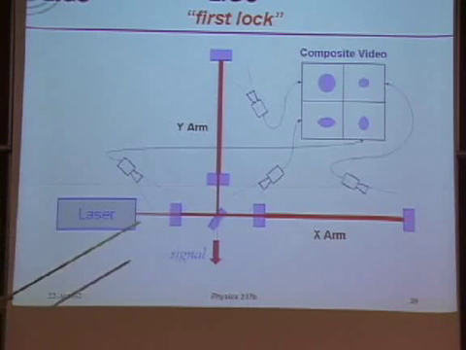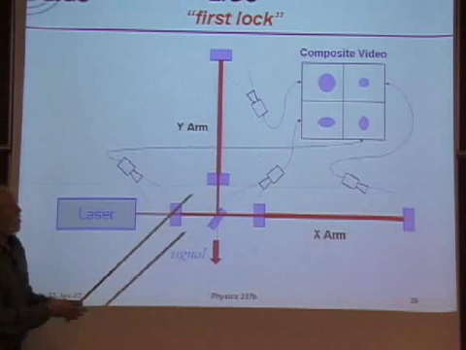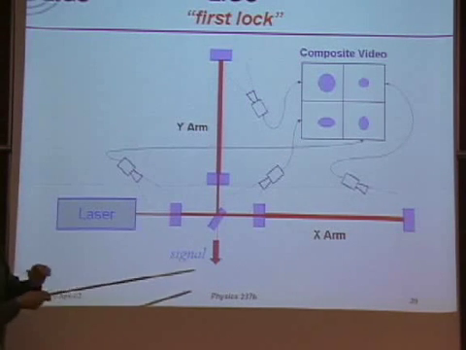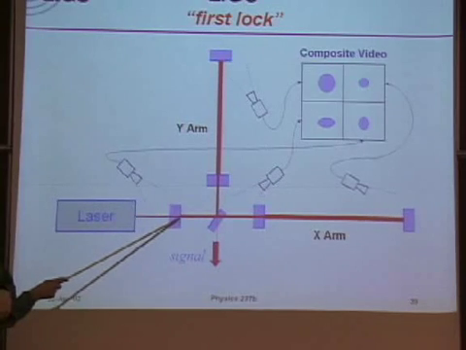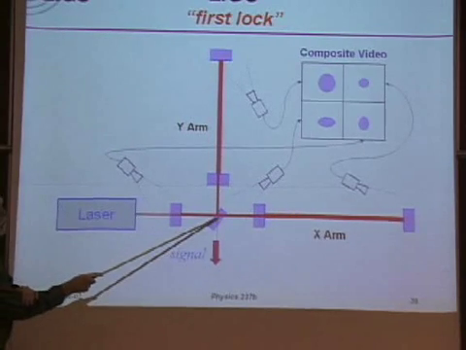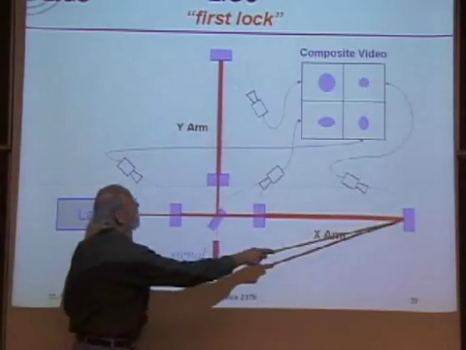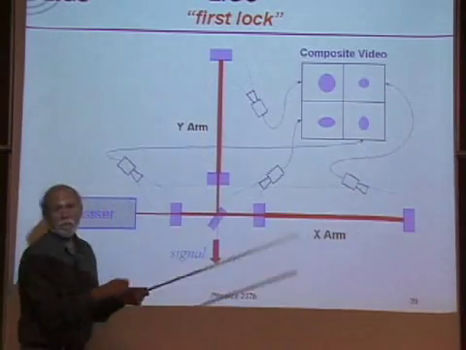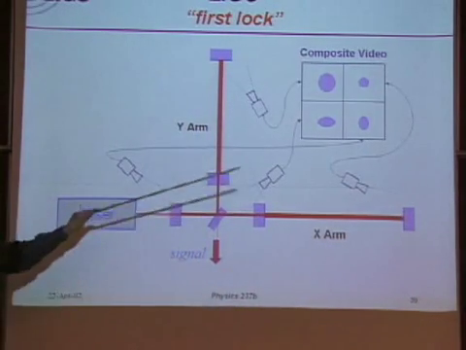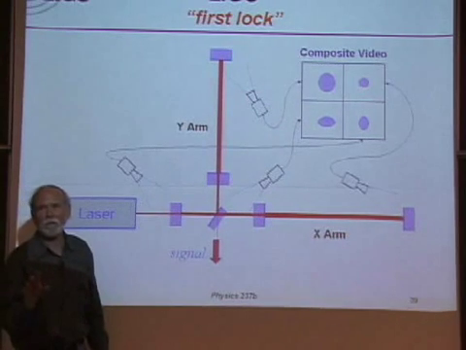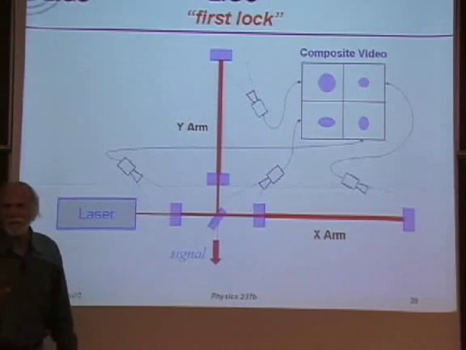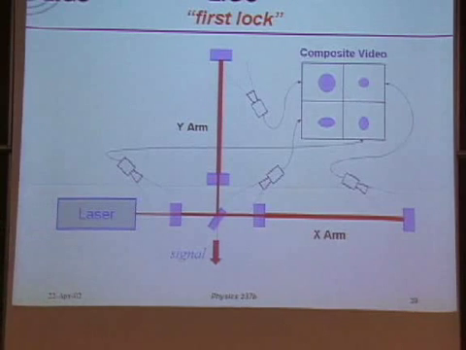So what I'm going to show you is a little video that shows the scattered signal from this recycling mirror, from the splitter mirror, and from the two end mirrors. And let me just say a few words before you see it. The size of the images is the magnification of the camera, nothing to do with the size of the beam itself.